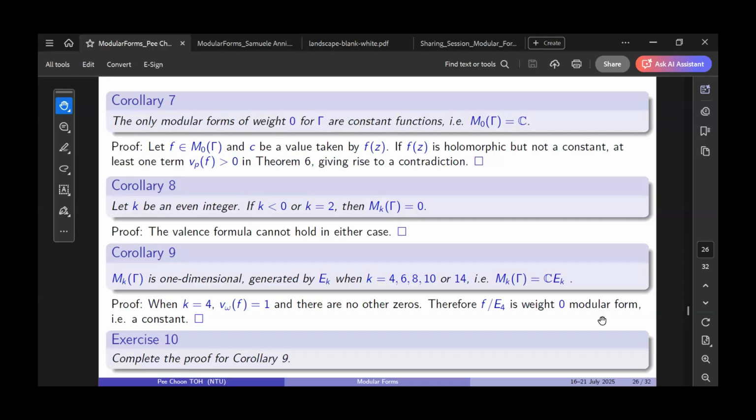First, the only modular forms of weight 0 for gamma are constant functions. Why? Let f be a modular function with weight 0 and c be a value taken by f(z). If f(z) is holomorphic but not constant, then at least one value of v_P(f) will be positive, right?